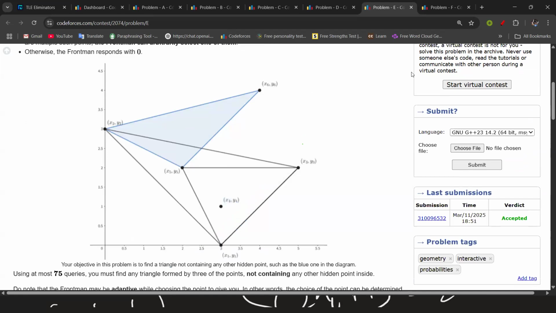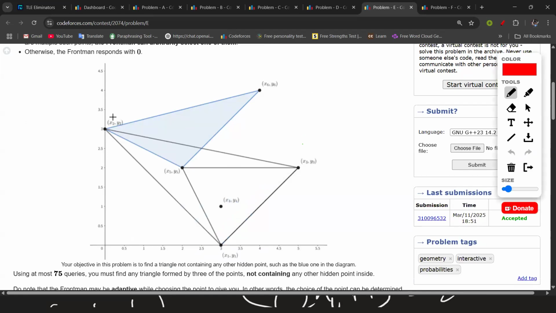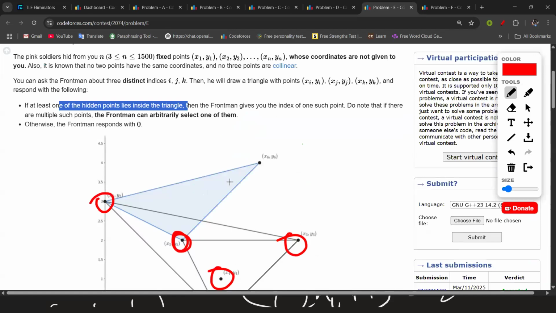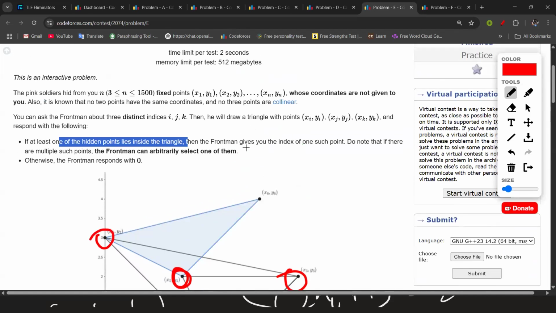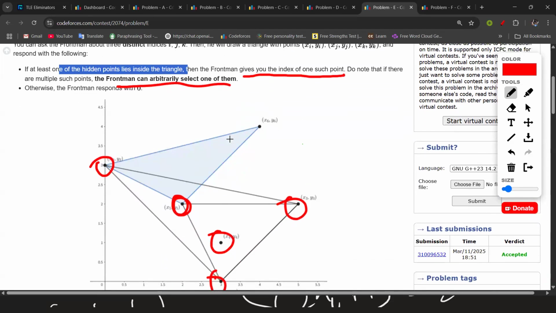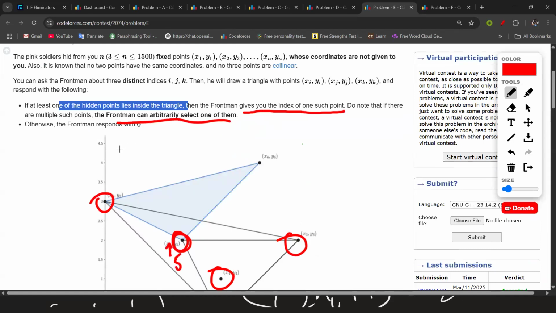Like here there were 2 points inside the triangle. So if there is some point inside, the Frontman gives you the index of any one of such points. He would arbitrarily select one and give you its index. So he may return 5. Otherwise, the Frontman responds with 0.